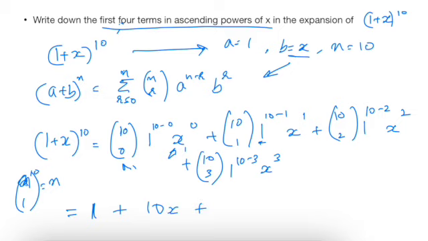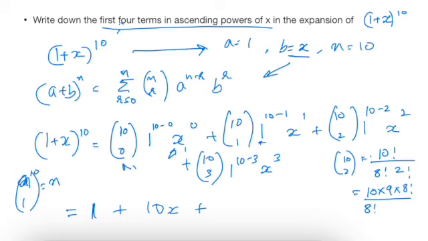Plus, what is 10C2? Let's calculate 10C2. 10C2 is equal to 10 factorial divided by 8 factorial into 2 factorial. This becomes 10 into 9 into 8 factorial divided by 8 factorial into 2 into 1. So this becomes 45, times 1 raised to any power, which is 1, x square.